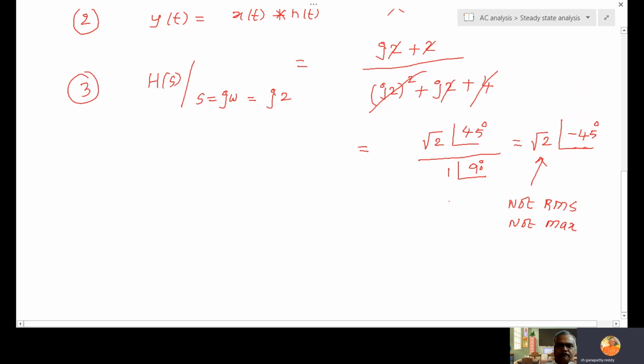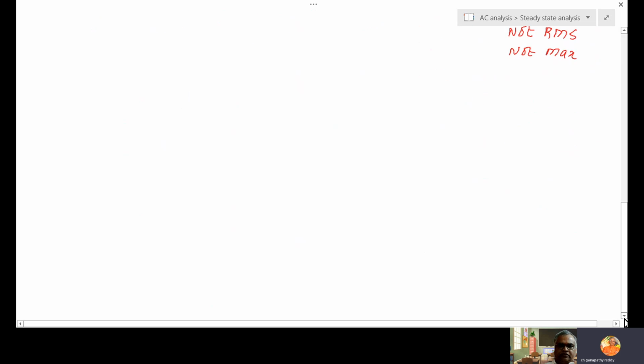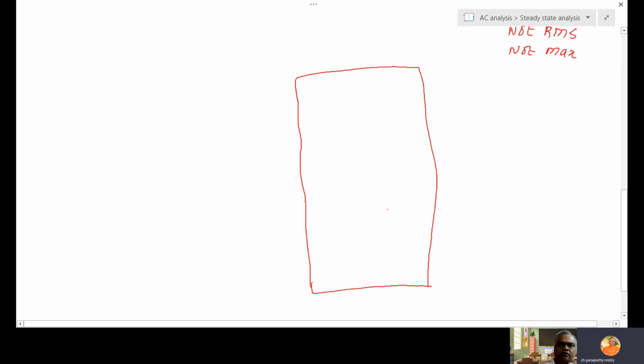What is the advantage of this method? The system can be described in different ways: there is an input and there is an output.